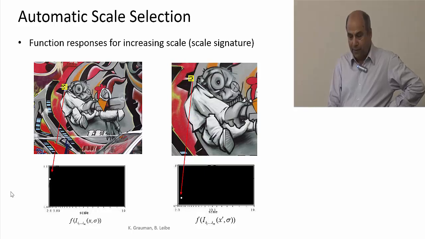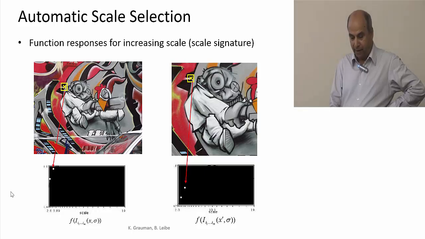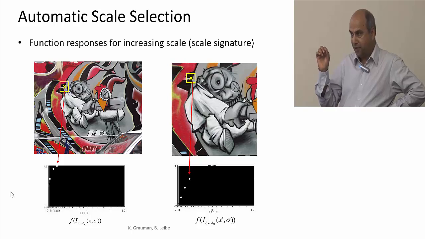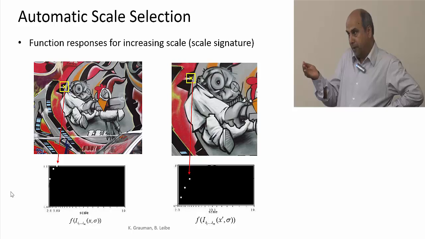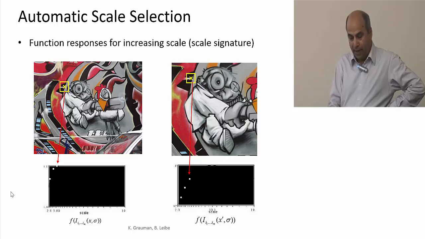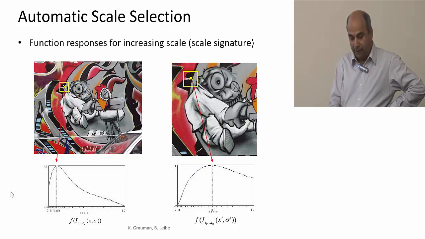So what we are going to do, again, is apply this Laplacian of Gaussian and find the maxima where it occurs. As you see, we are changing the size of the window of the neighborhood we are looking at, which correspondingly changes the sigma value, and we can plot these. It will turn out the maximum occurs for this one here and for this one here.